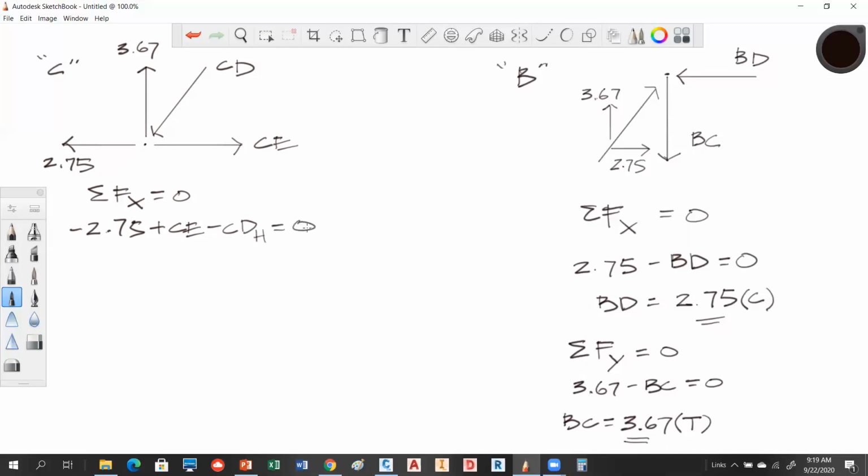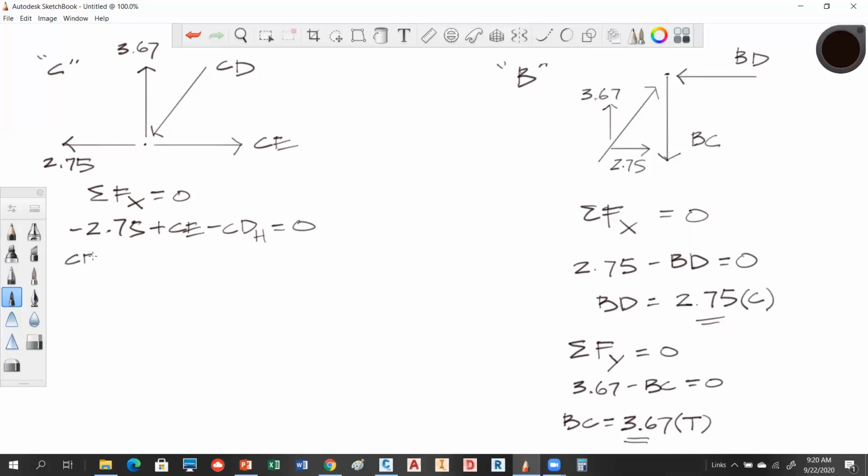You guys agree with that? Negative 275, negative CD horizontal, positive CE. So we're not going to get a solution, but we can simplify that.